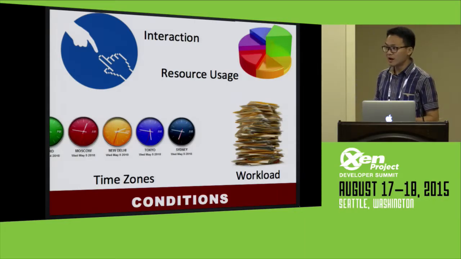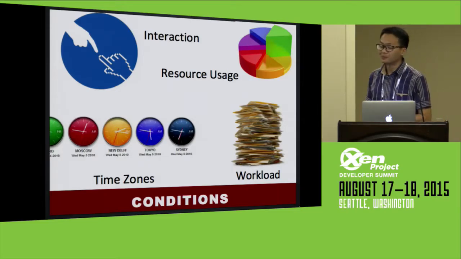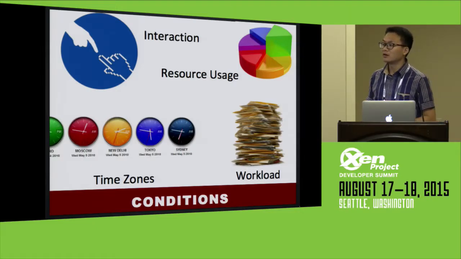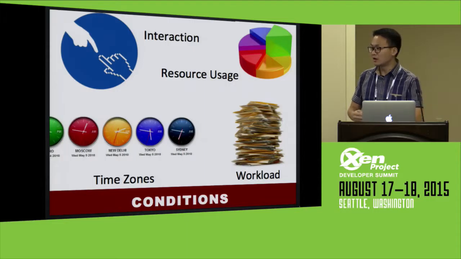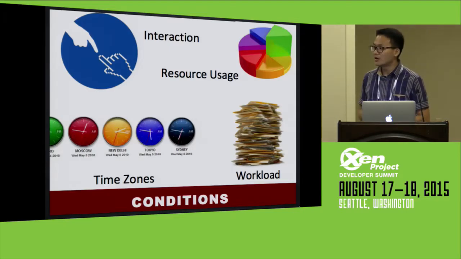If the current user has a lot of interaction with the VM, then the VM shouldn't be a target to save power. If the VM has no interaction, like no mouse clicks, no keyboard clicks, or no other device interaction, then I think it is idle or not in use. It may be a target to save power.